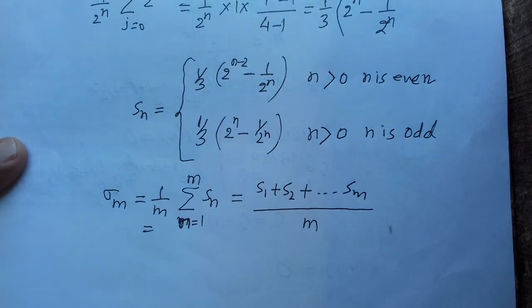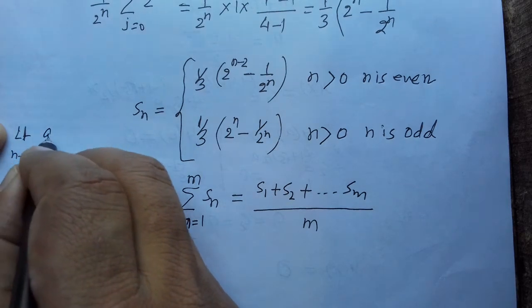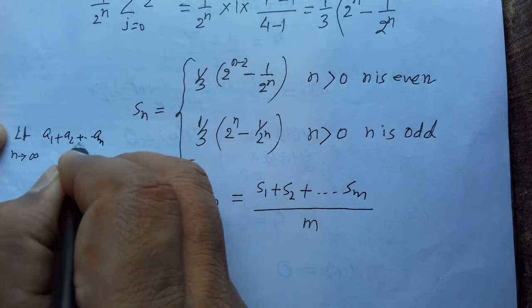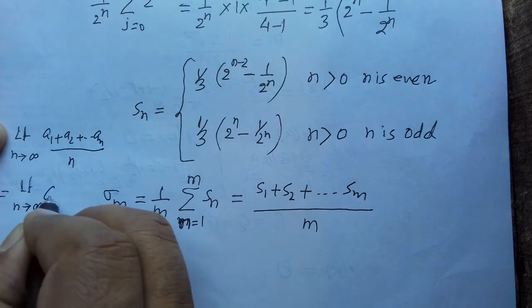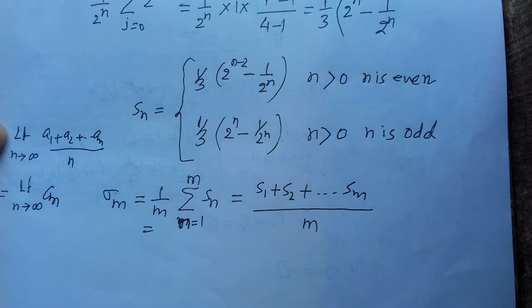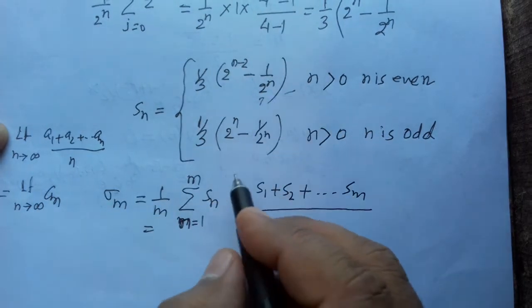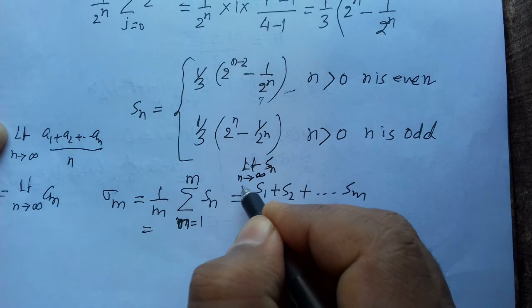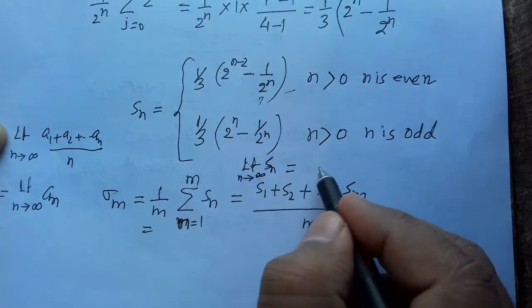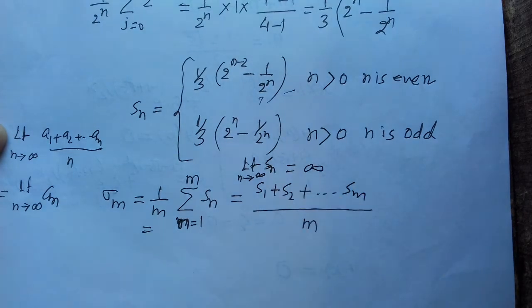Now we are going to use Cauchy's theorem on limits: if the limit as n tends to infinity of (a1 plus a2 plus ... plus an) by n exists, then this equals the limit as n tends to infinity of an. Here, if you tend n to infinity, then in both of these cases you are going to get infinity. This you must keep in mind.